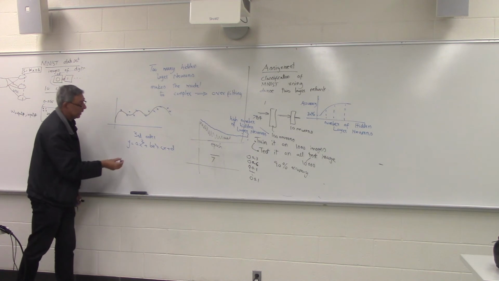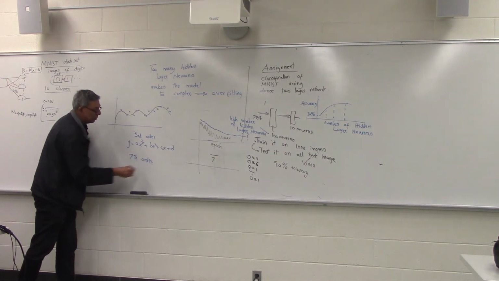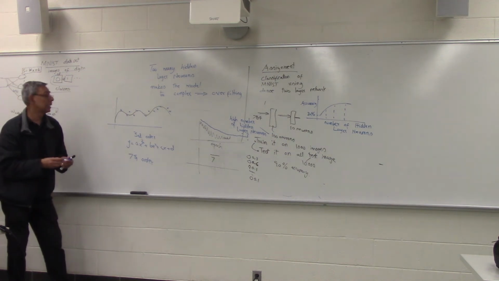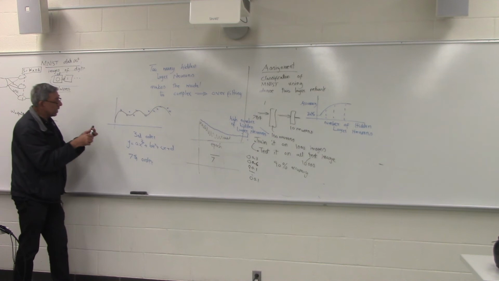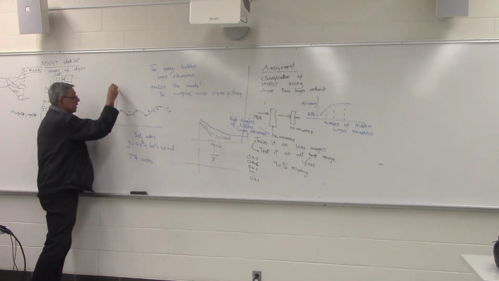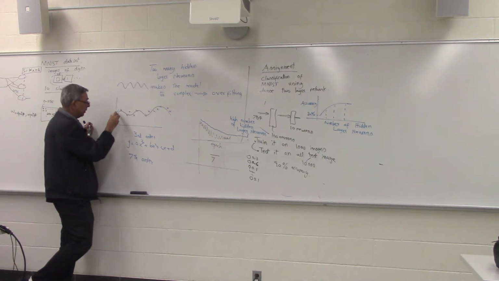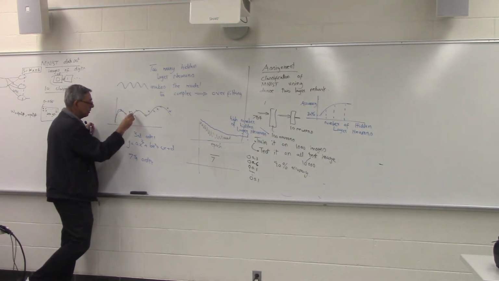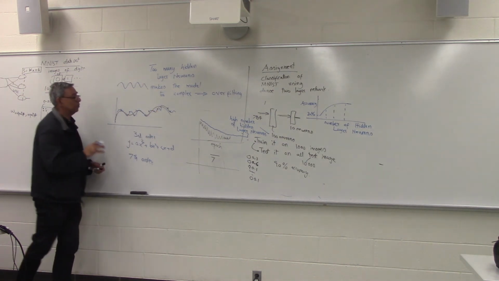What if you did a 7th order approximation to the same data? Then what you will see is it will try to do something like this, because a 7th order can now have 7 peaks, as an example. So it will basically go through each one of them and do a perfect job.